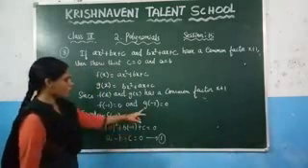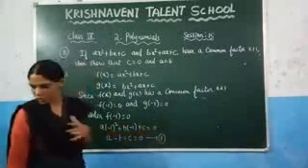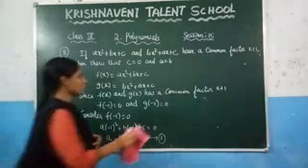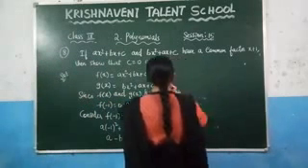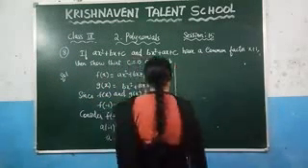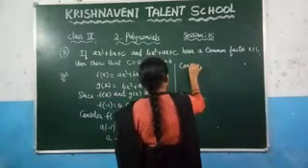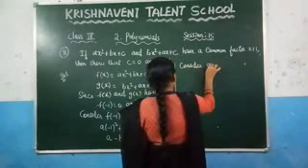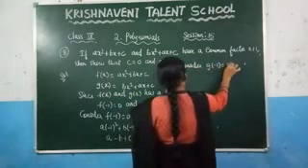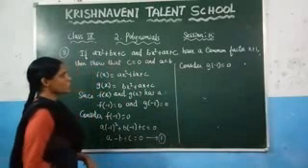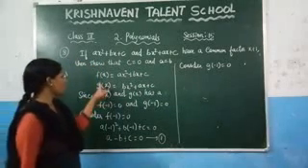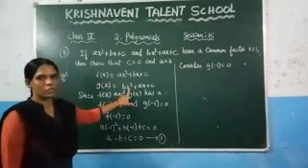Now take the other condition, which is g of minus 1 is equal to 0. If you take that condition, you will get one more equation. What is the meaning of g of minus 1? That means in the polynomial g of x, in place of x you need to substitute minus 1.